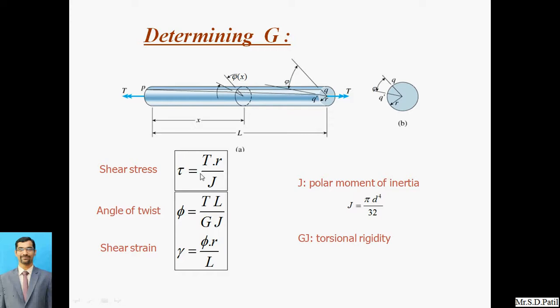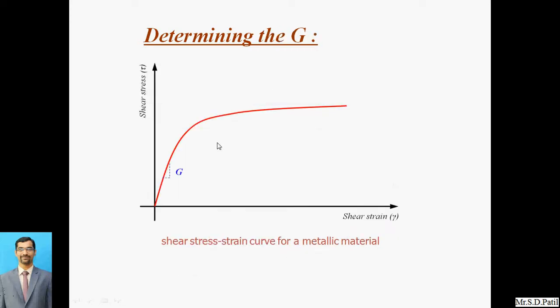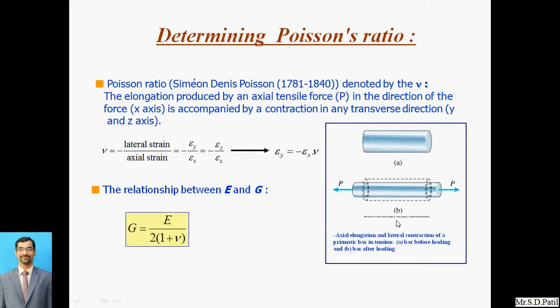So these are the formulations for the calculations. This is the shear stress to strain curve for the metallic material. Here the graph is plotted of shear stress against the shear strain.